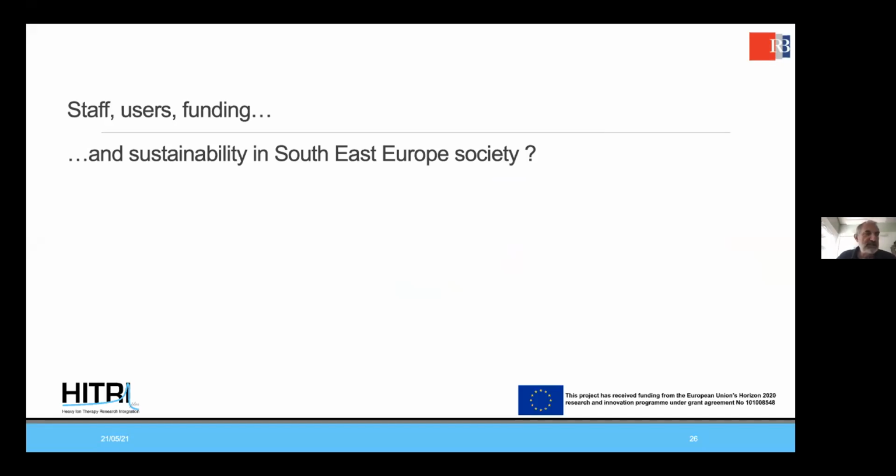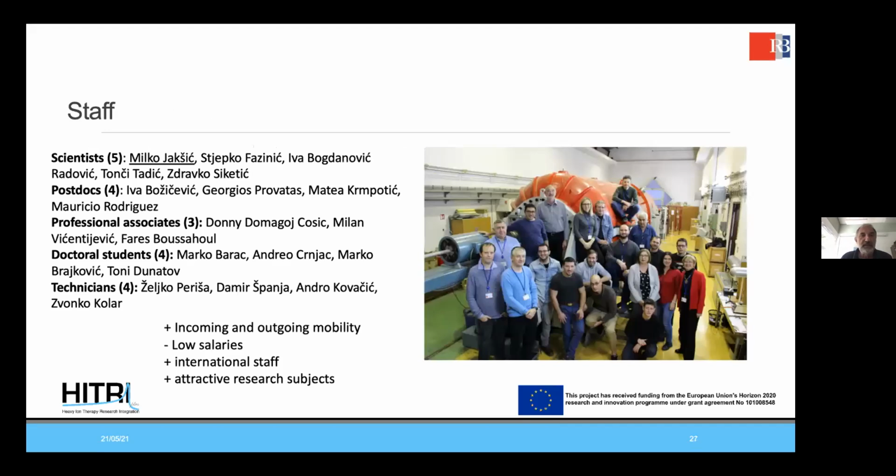Only 10% over the salaries, which is extremely small money, is given to everything else. From that money, basic researchers cannot live, cannot buy even the basic stuff. So this is an extremely difficult situation, not just in Croatia, but in many of these Southeast European countries. So one has to think about these things when establishing a center of that kind.